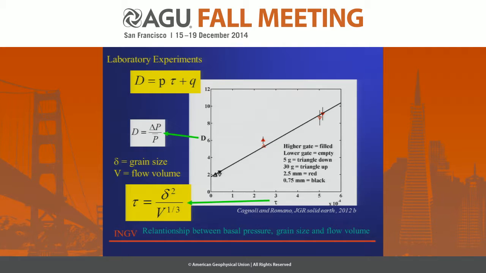And the laboratory experiment showed that the agitation is proportional to tau, which has grain size at the numerator. And so you see again that the coarser the grain size, the larger the agitation of the particles. This relationship is interesting because it links basal pressure, grain size, and flow volume.